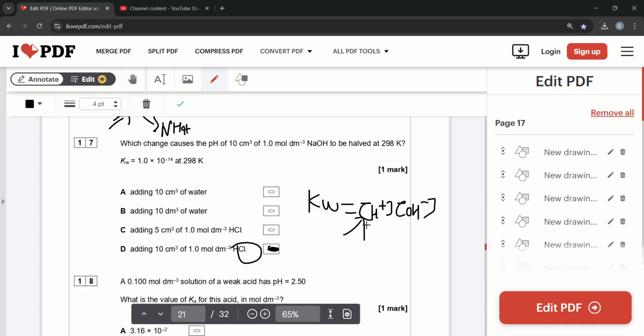Now if we're increasing the H+ concentration, what does that mean for the pH? Well, pH equals minus log 10 of H+. So as H+ increases, pH decreases. In this case, pH will be halved at 298 Kelvin.